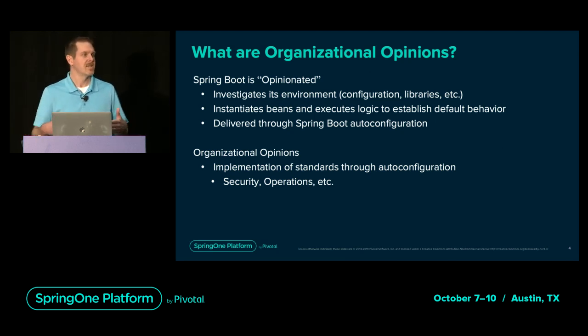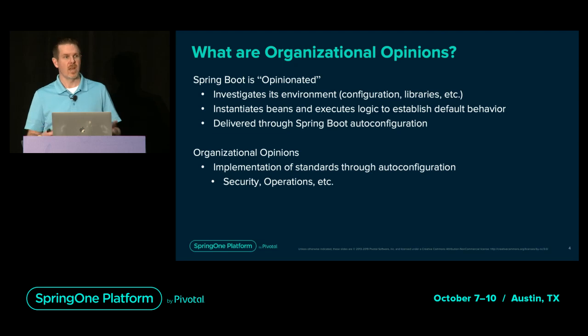What we're talking about today is how do we take the organizational standards and best practices that we would have within our organizations, and how do we build the same opinions into application libraries that we can provide to our teams in hopes of really helping them write less code and deliver more quickly.